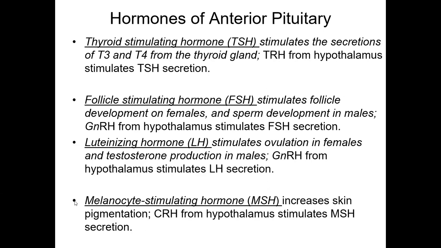And here's a hormone that we kind of skipped over in the lab, melanocyte stimulating hormone. This increases skin coloration, but even MSH receives permission from the hypothalamus by virtue of CRH.